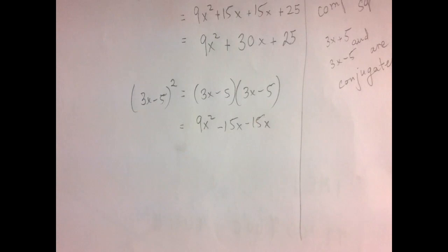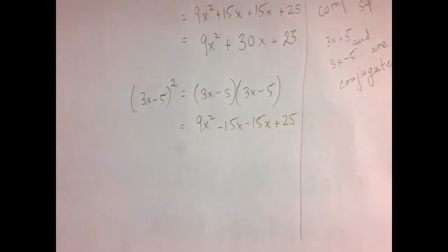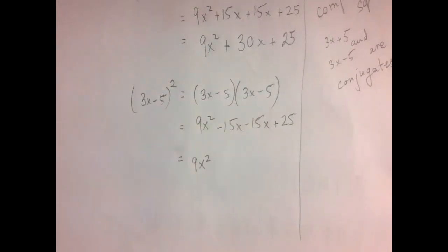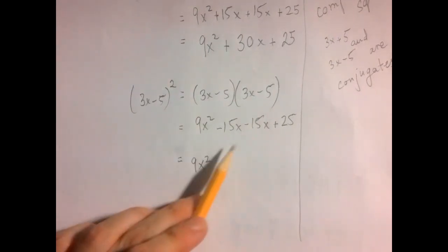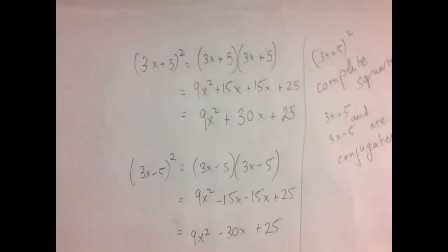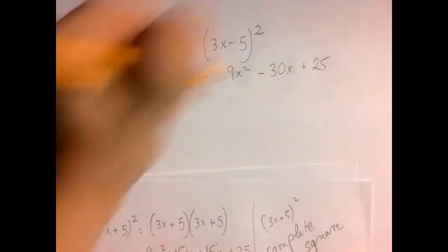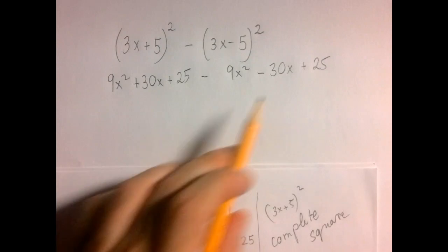And finally, negative 5 times negative 5 is plus 25. We combine like terms. And as long as we are dealing with complete squares, O and I are identical, therefore they double up. And so, because we squared conjugates, they are very similar to each other. See, the only difference is between these signs.